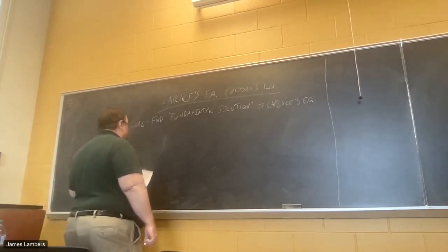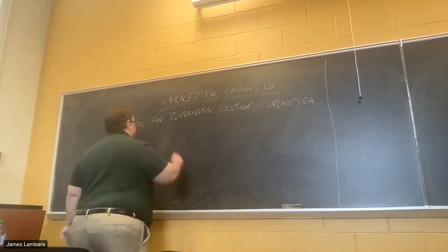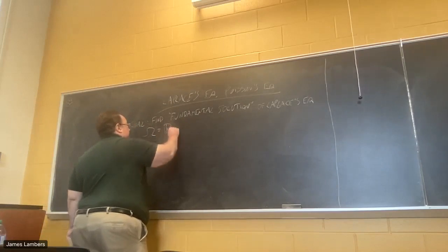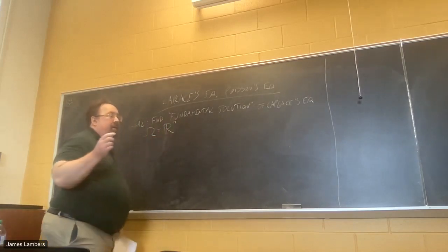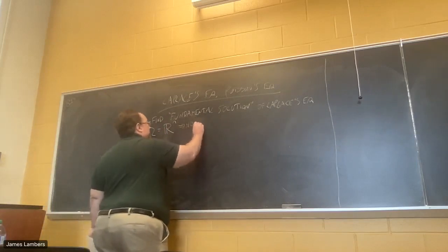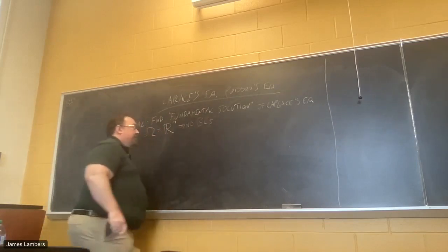One of the aspects of a fundamental solution is that it is a free space problem. So our domain omega is the whole of R^n. The nice thing about that is we have no boundary conditions to consider. We can focus just on the PDE itself.